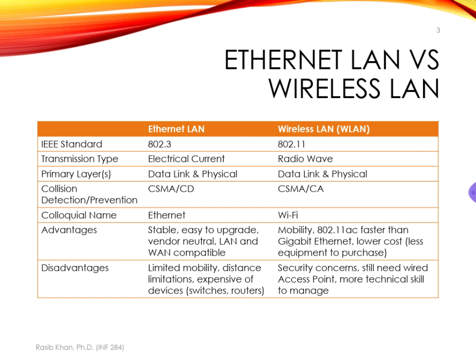The CD is collision detection versus CA is collision avoidance for wireless LANs. The common name that we use today for both of these is Ethernet and Wi-Fi.